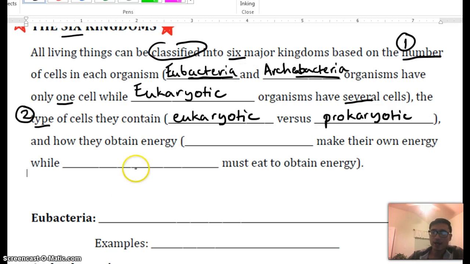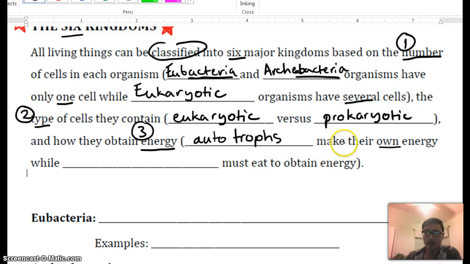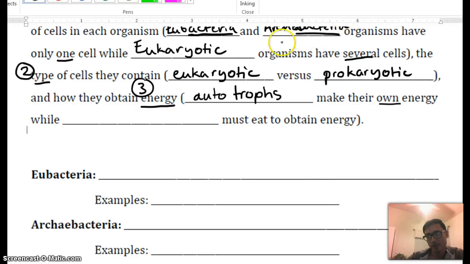Also energy. That's our third way that we're going to classify things. If they make their own energy, they're known as autotrophs. Kind of like an automatic car, you don't have to constantly shift gears. It does it by itself. That auto means self, so they create their own energy. If they have to eat to obtain energy, they have to go to a different food source.